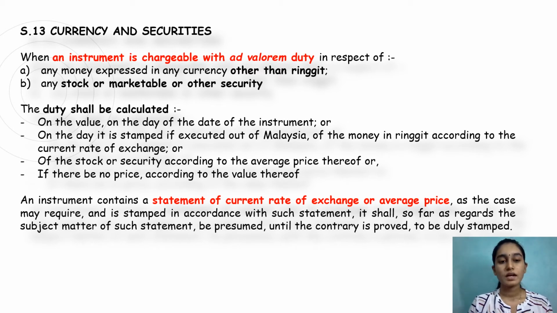Moreover, if an instrument contains a statement of the current rate of exchange or average price, as the case may require, and is stamped in accordance with such statement, it shall, so far as regards the subject matter of such statement, be presumed until the contrary is proved to be duly stamped.